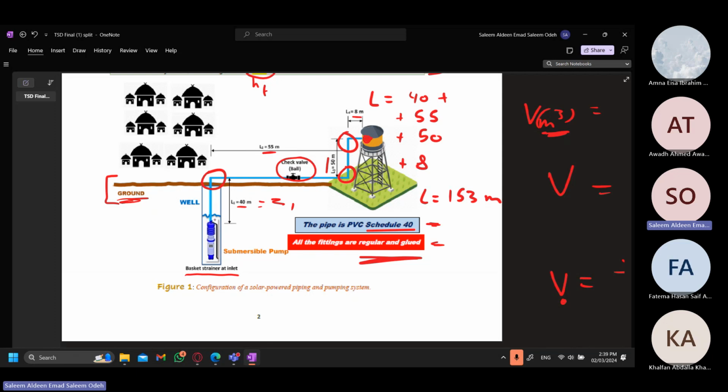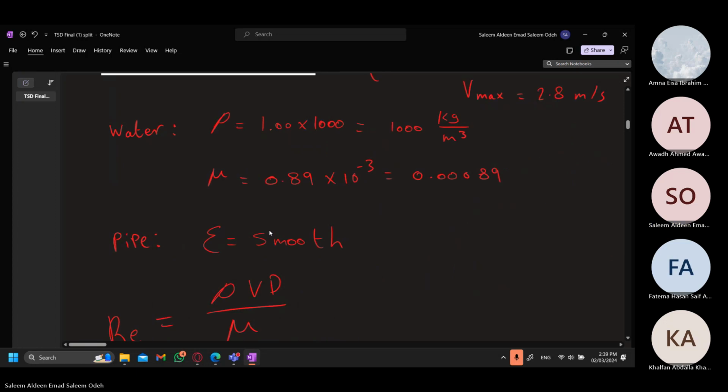Or you could take this part as Z1, which is 0, and then Z2 goes all the way up, which is 90 if you add the 50 and the 40. I prefer to have this one as Z1, because having Z1 as 0 will end up being helpful later on.